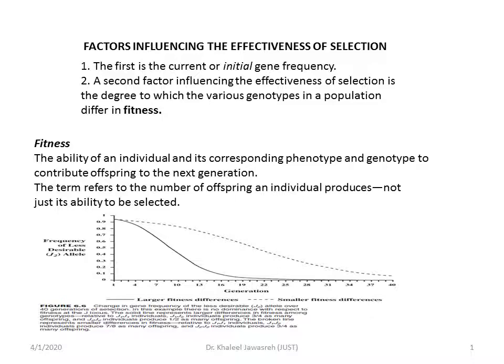The term here refers to the number of offspring an individual produces, not just the ability to be selected. So the larger the number of offspring produced by the parents, the higher the fitness. We may also refer to fitness as the fertility of those parents to produce more individuals in the next generation.